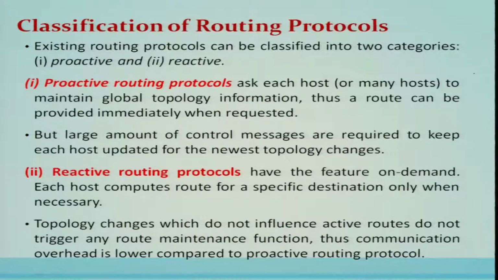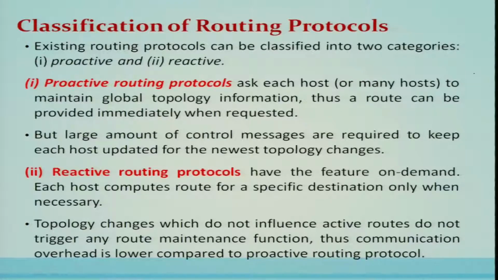So the routing protocols in wireless networks like sensor networks and ad hoc networks can be classified into two different types. The first one is called proactive, the other one is called reactive. Proactive routing protocols ask each node or host to maintain global topology information, and thus a route can be provided immediately whenever it is requested.